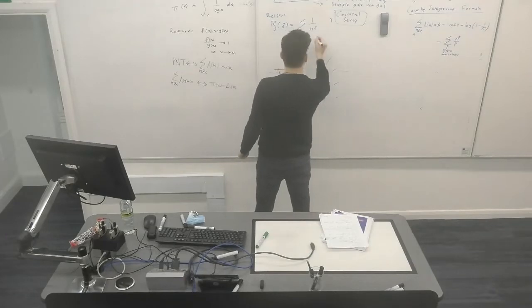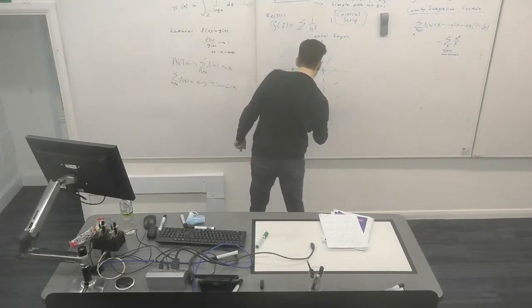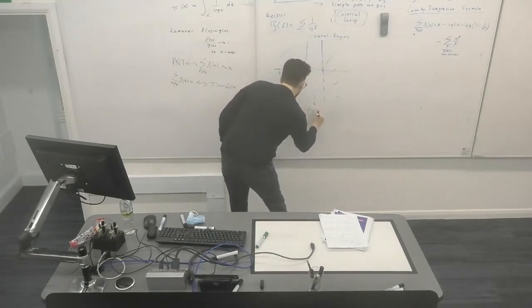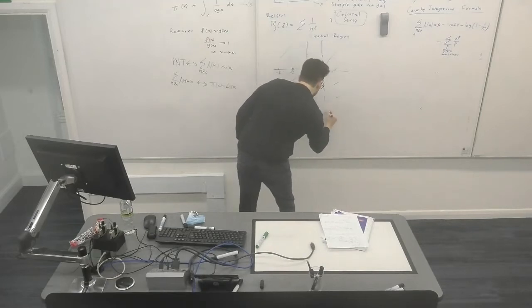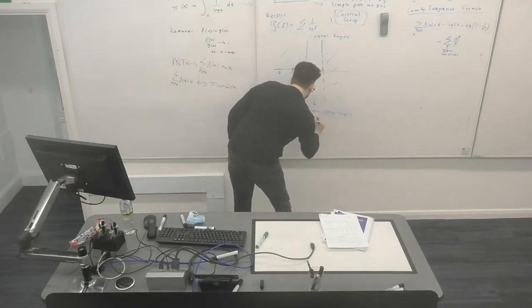The critical region. So every zero here is called non-trivial.